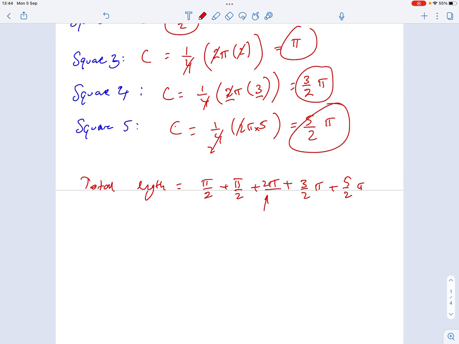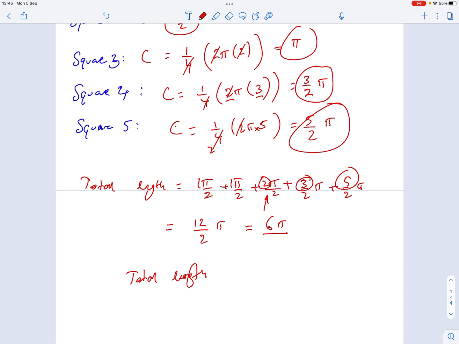Now the only one that doesn't have the denominator 2 is this one, but we can write that as 2/2. Right? That still is 1 pi. Now adding all of them, which we have 1 here, that makes 2, another 2, 4, 5, 6, 7, 8, 9, 10, 11, 12. So 12/2 pi, which is 6 pi.